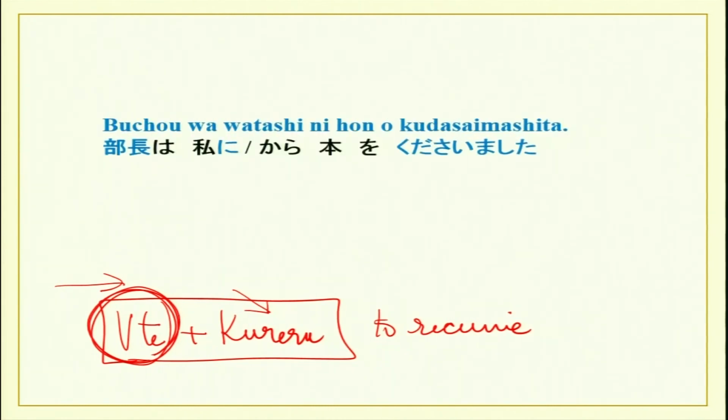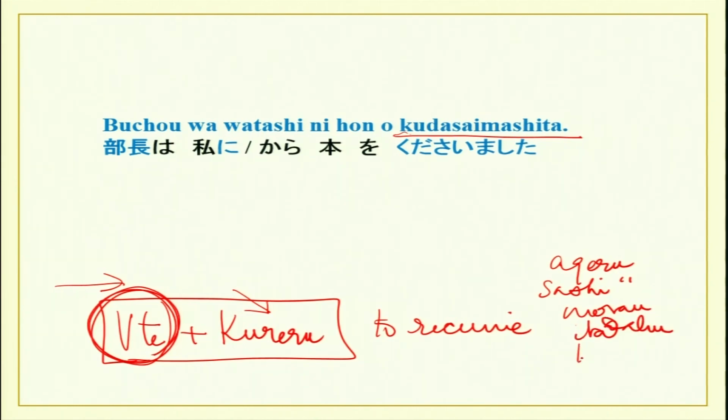Now, you also have bucho wa watashi ni hon o kudasaimashita. Now, we have done ageru, sashiageru, morau, itadaku. Then we have done kureru. So, the honorific is kudasaru, from where kudasai is also coming.